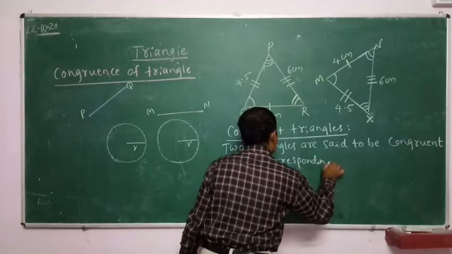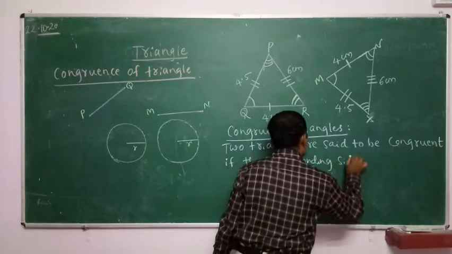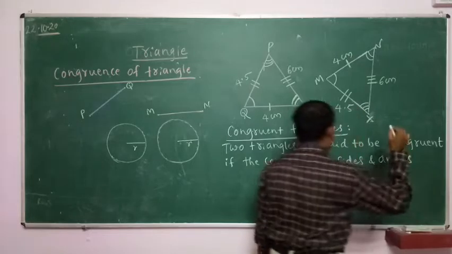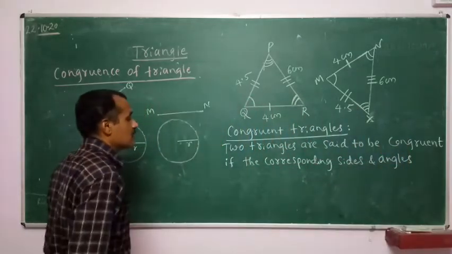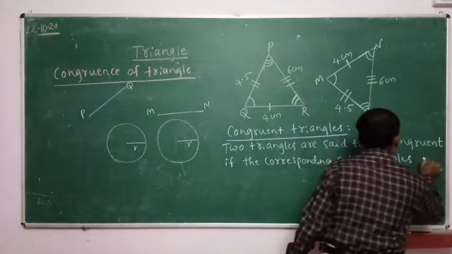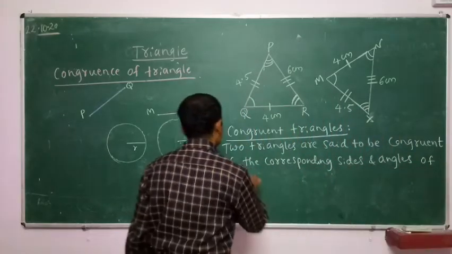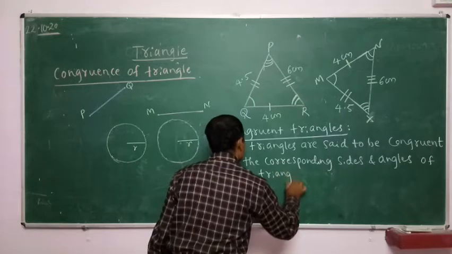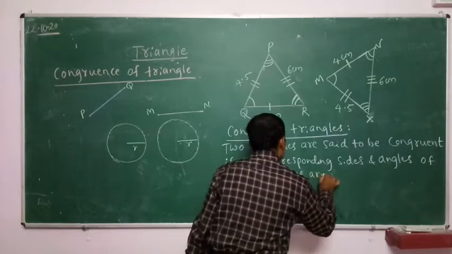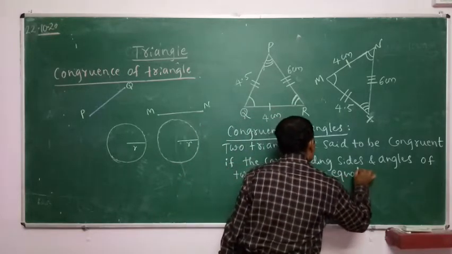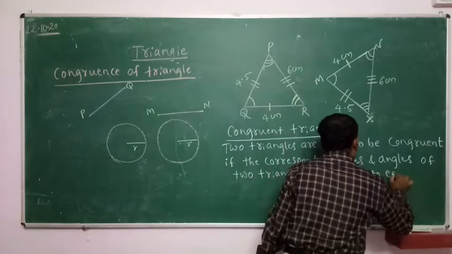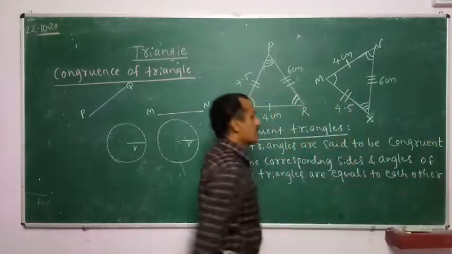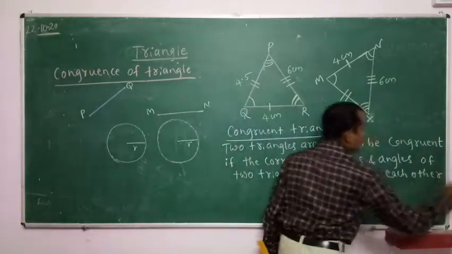Two triangles are said to be congruent if the corresponding sides and angles of the two triangles are equal to each other. Then only we can say the two triangles are congruent.